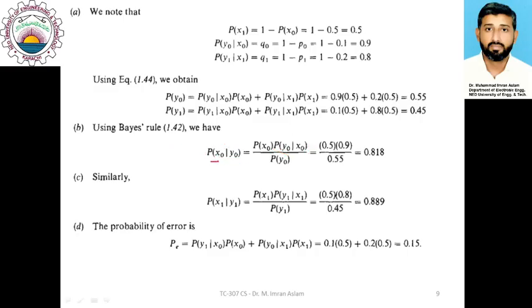So we can calculate p(x0 given y0) by using Bayes' rule, which states that this probability will be p(y0 given x0) multiplied by p(x0), divided by p(y0). As we have previously calculated all these probabilities, we can simply calculate it, which comes out to be 0.8818.